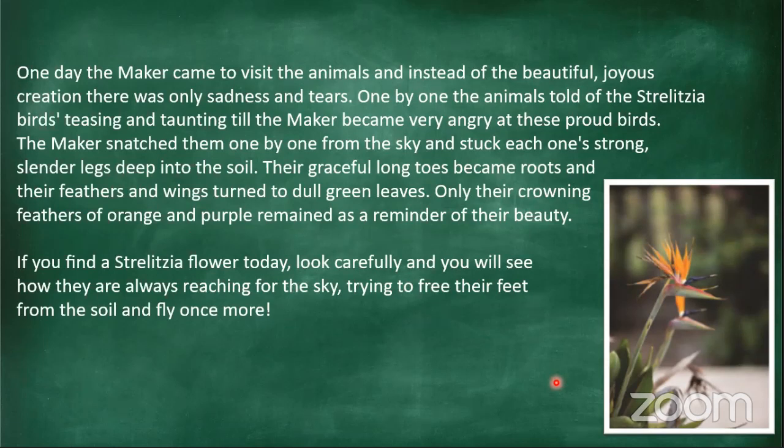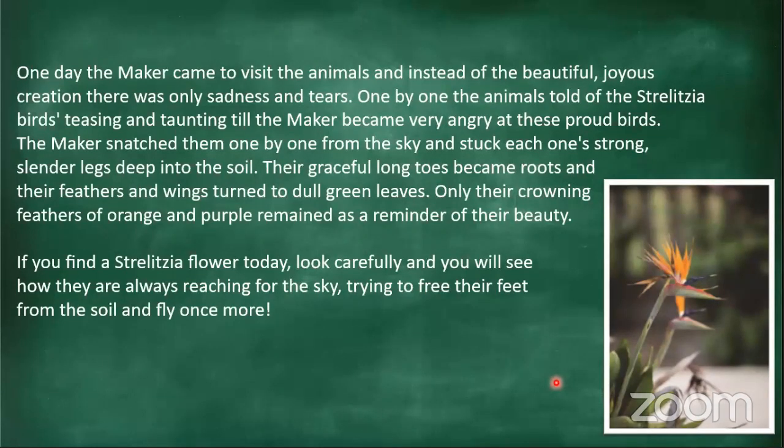The maker snatched them one by one from the sky and stuck each one's strong, slender legs deep into the soil. Their graceful long toes became roots, and their feathers and wings turned to dull green leaves. Only their crowning feathers of orange and purple remained as a reminder of their beauty.